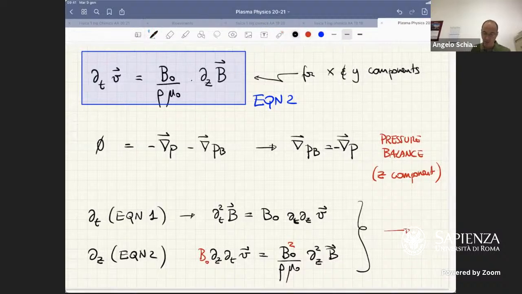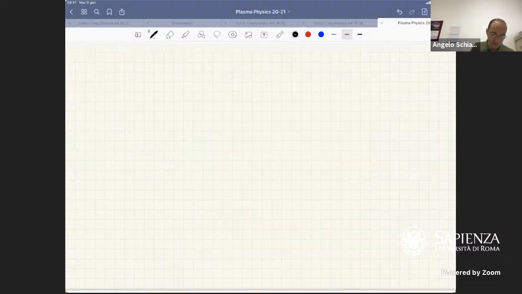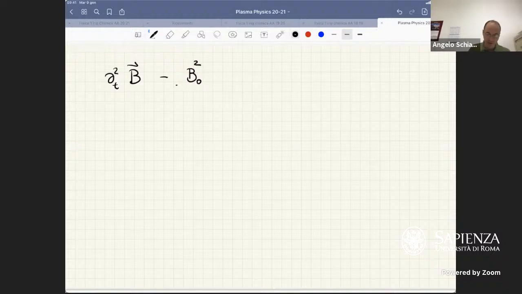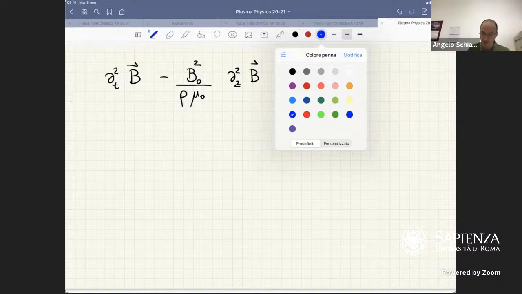In the end, the second time derivative of B minus, taking to the left-hand side, B0 squared divided by rho mu 0 times the second derivative with respect to z of the magnetic field equals 0. And this is the wave equation we were looking for.